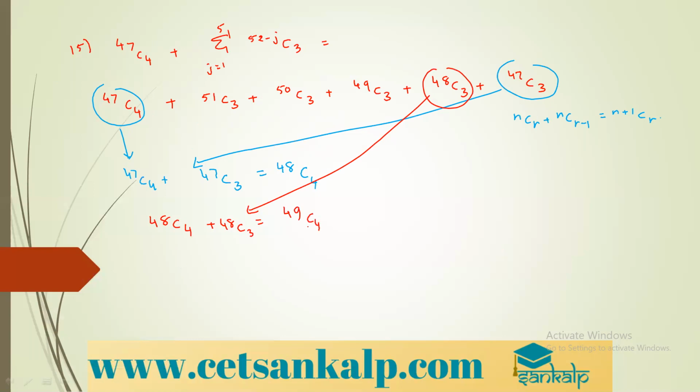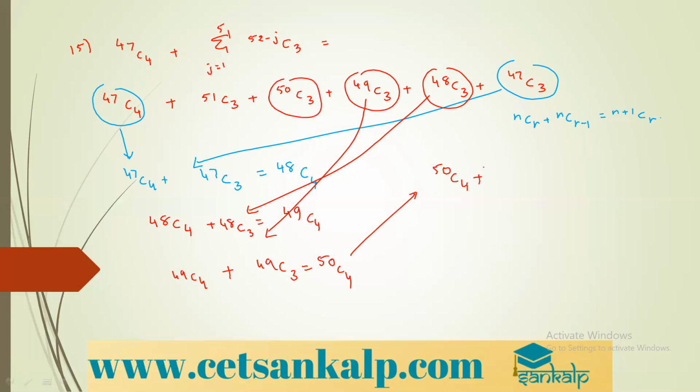Once I got 49C4, to this I will add 49C3, which will give me 50C4. To this 50C4, I will add 50C3, which will give me 51C4.